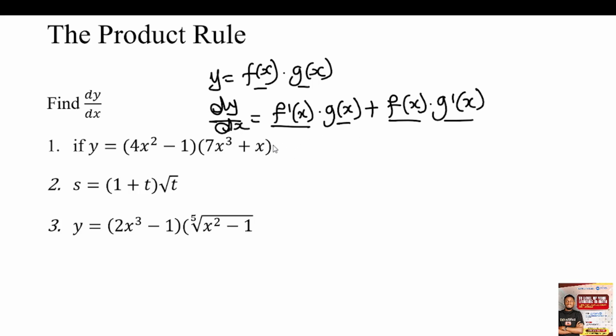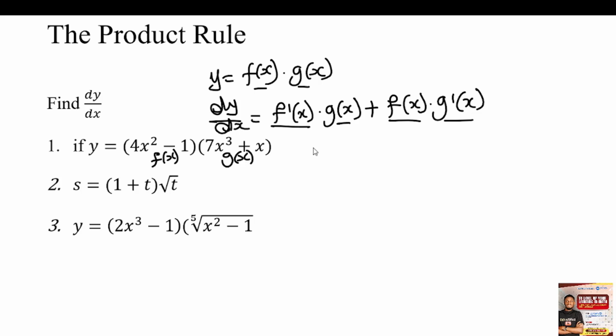So in this particular question, we are given our function to be, the first one is y equals 4x squared minus 1 times another function which is 7x cubed plus 6. So we can name our function as f of x, the first one, and name the second one as the second function, which is g of x.